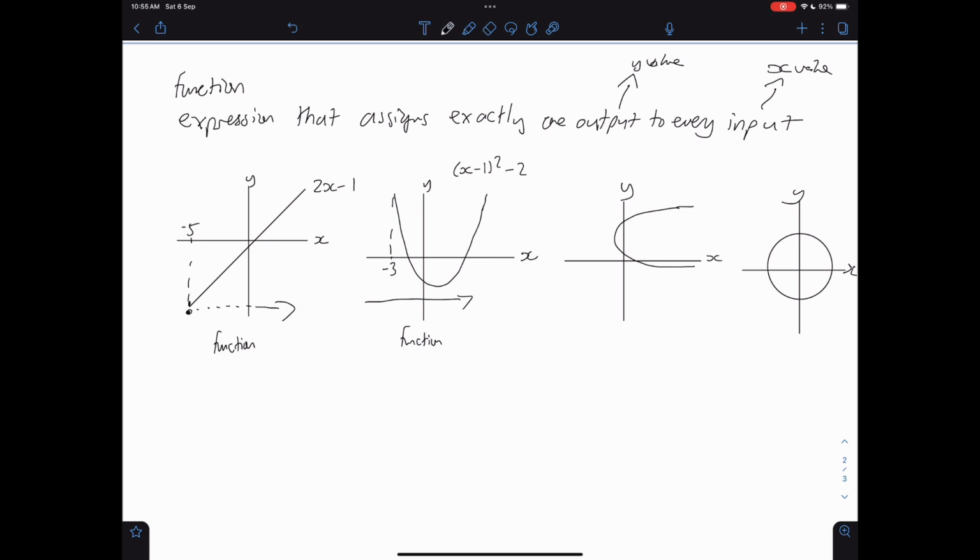But here, what looks roughly a bit like, well, we could say, y squared equals x.